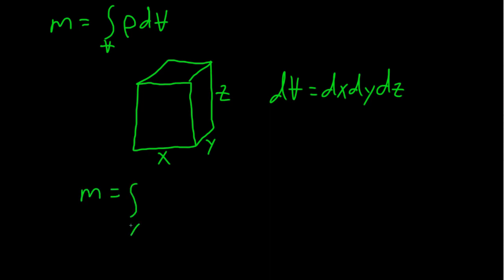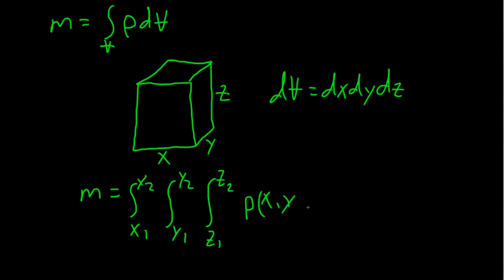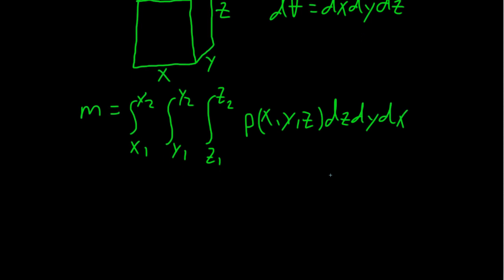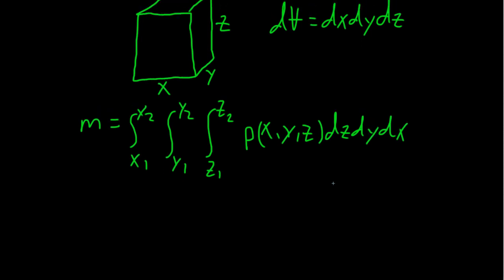Integral from x1 to x2, y1 to y2, z1 to z2, density as a function of x, y, and z, times the differential volume dz, dy, dx. Note our density equation is only a function of z. We can perform the x and y direction integrals directly, as for any constant.